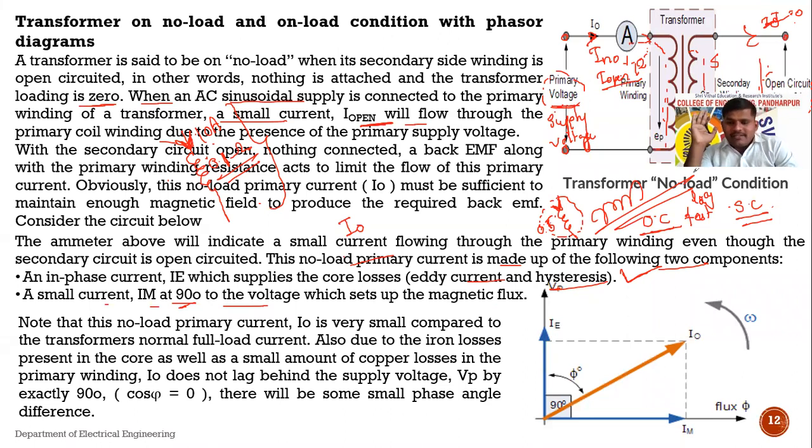Current lags the voltage. If it is purely reactive, then as per the condition, if it is not wholly reactive, that is what I am saying. If it is wholly reactive, then the current should be exactly 90-degree lagging behind the voltage, right?